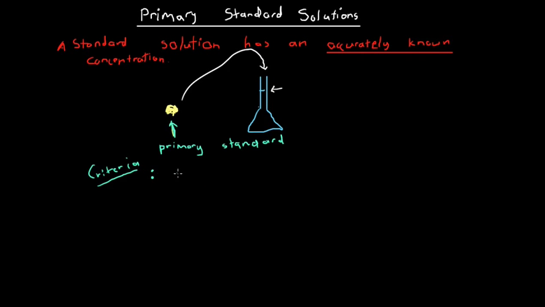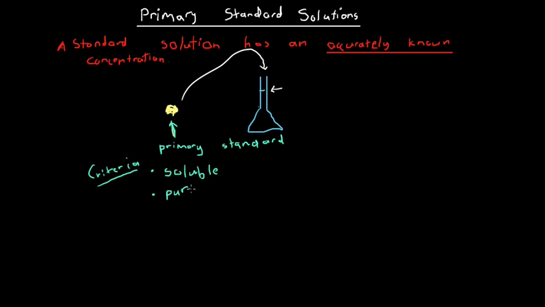The first criterion is that it has to be soluble, obviously, because we're talking about creating a solution. So a primary standard needs to be soluble. It must be purely obtainable, so you must be able to get it in a very pure form.